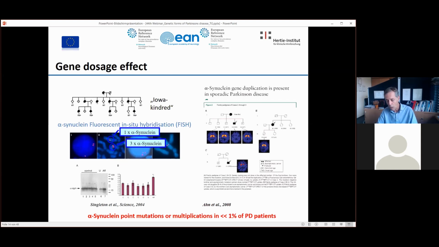Now, the only problem is that only 1% or even less of Parkinson's disease patients carry point mutations or multiplications in this gene. But all Parkinson's patients have these alpha-synuclein aggregations.